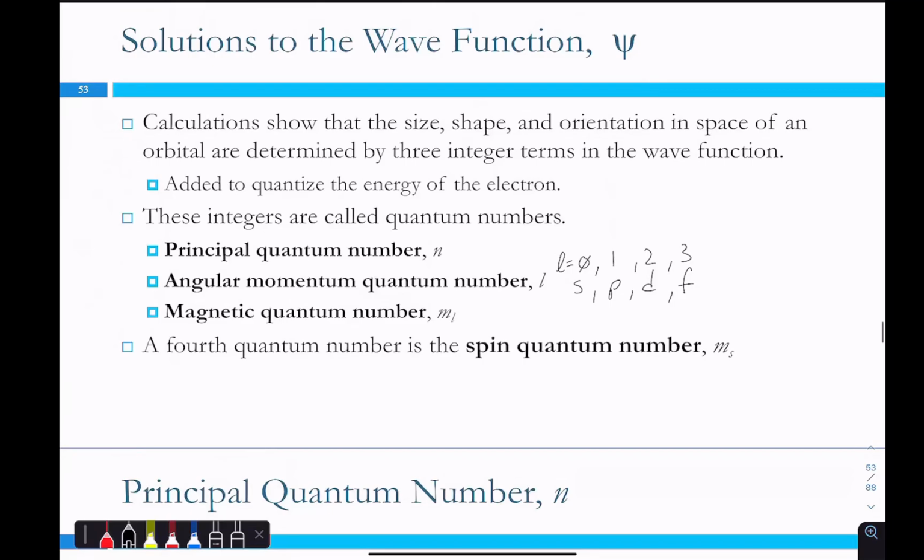So the magnetic quantum number corresponds to the specific orbital. If you remember, the s orbital only has the sphere. p has 3 different dumbbells. d has the double dumbbell shapes and then the donut, or the dumbbell with a donut around it. And f has 7 different orbitals. We'll get to that in the next slide.